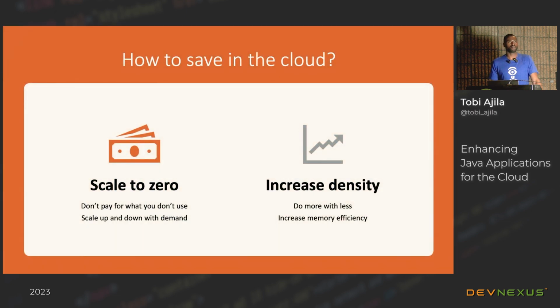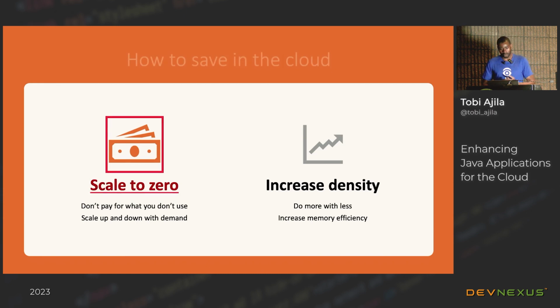So how do we save in the cloud? As we saw in the previous slide, the main cost from a compute perspective is the number of CPUs you're using and the amount of memory you're using, multiplied by the amount of time you're using it for. For most applications that live on the cloud, demand isn't constant. It varies over time.